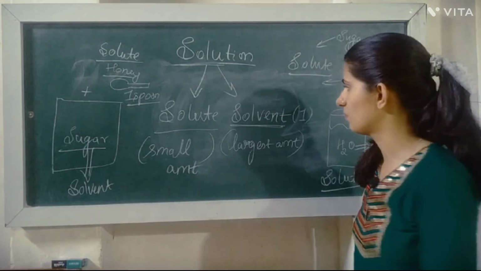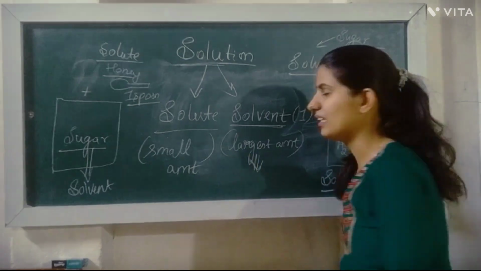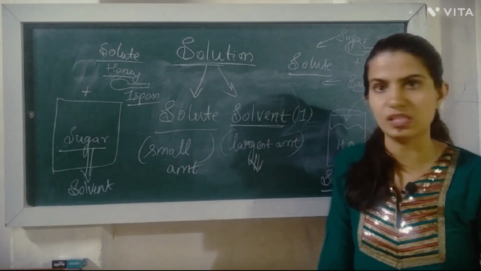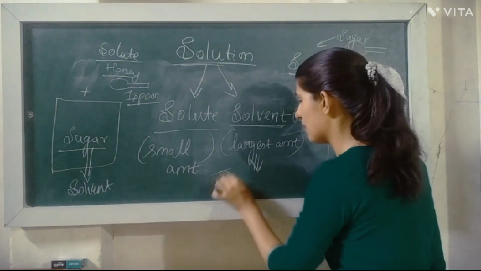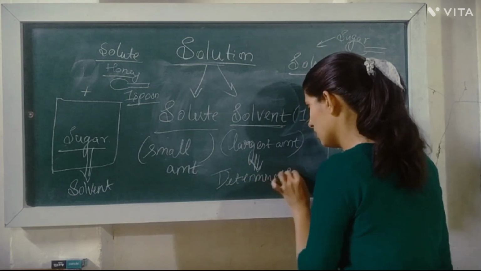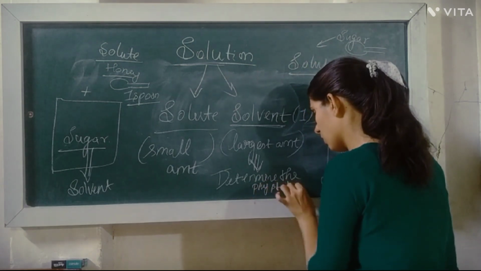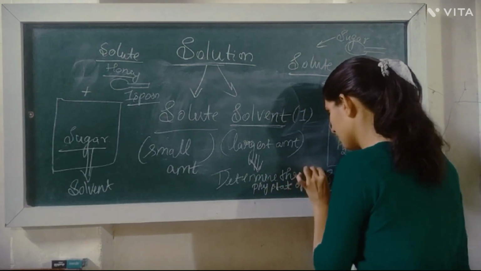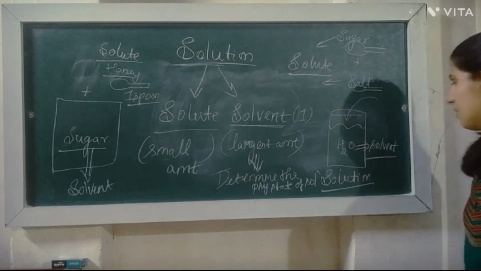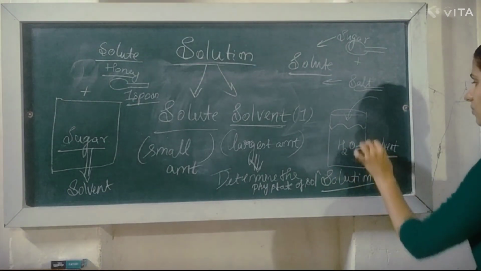And solvent is always determining the physical state of a solution. This determines the physical state of solution. Means, in this example, the solvent which I have taken is water. This is in liquid form.